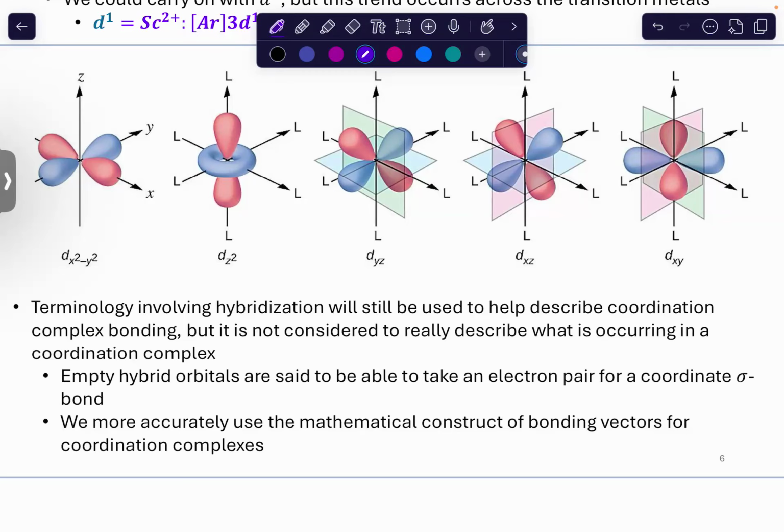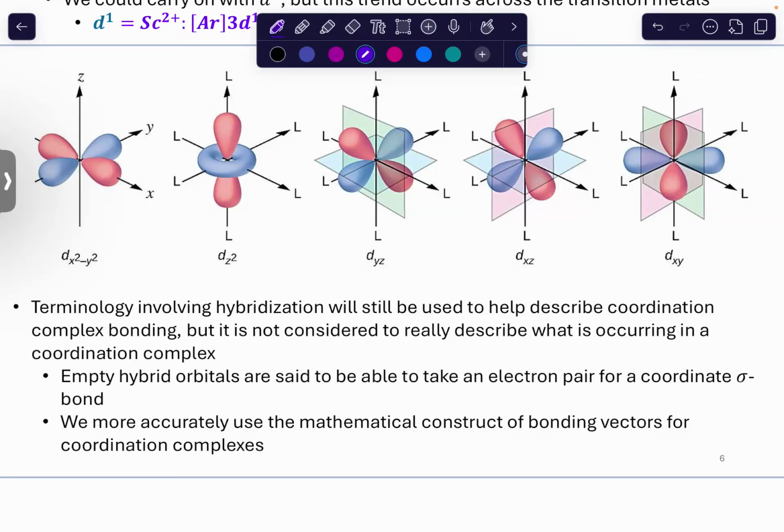More accurately, though, we're going to use simplified mathematical constructs with bonding vectors. You're just going to have vectors of approach for ligands and whatnot to look at what's going to happen, because we're now very quickly getting into what's called crystal field theory.